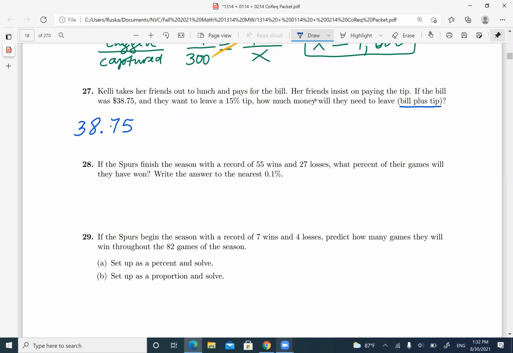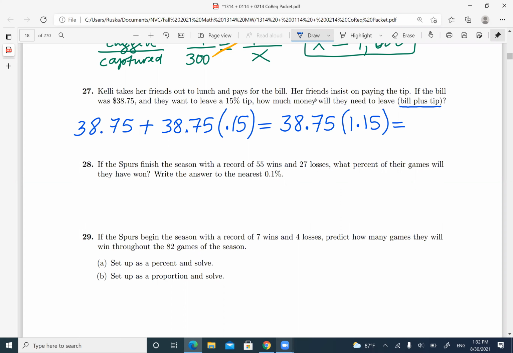38.75, the original bill, plus 38.75 multiplied by 0.15. You can do that, but instead of all this adding and multiplying, you can actually multiply 38.75 by 1.15 as a shortcut, because 1.15 means the original plus the percent.